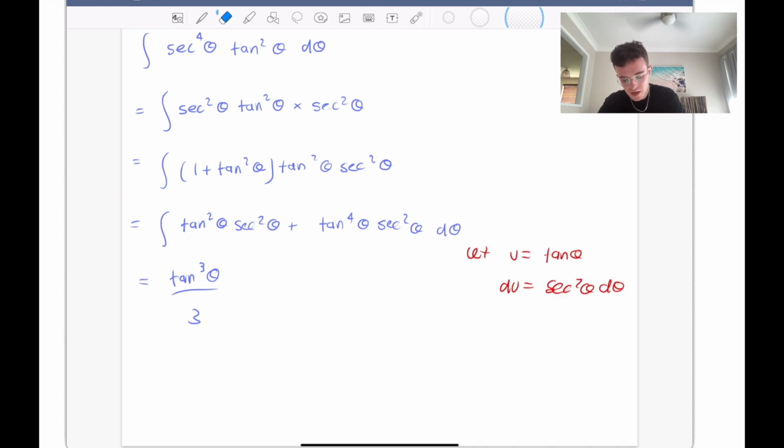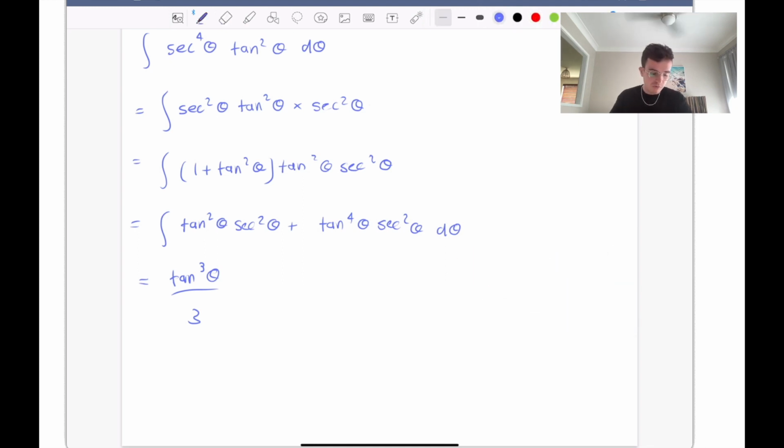So I'll say that again. u is tan theta, which means du is sec squared theta d theta, which is this bit here. So we can replace this with du, and this is going to be u to the power of 4. So if we integrate u to the power of 4, we get u to the power of 5 on 5, and u is tan of theta. So this is tan to the power of 5 theta on 5 plus c.